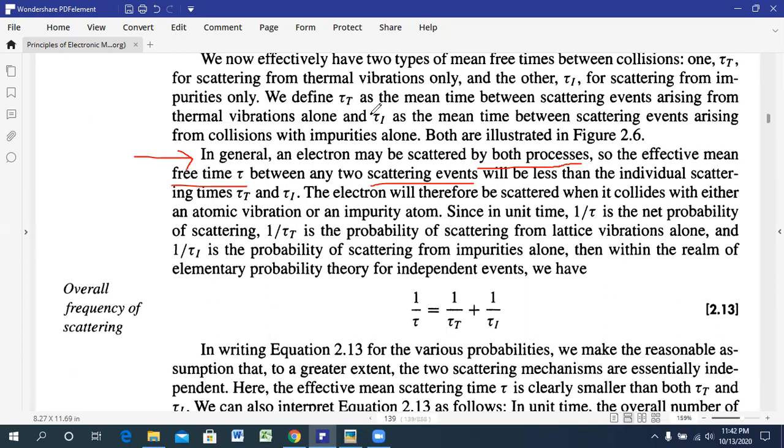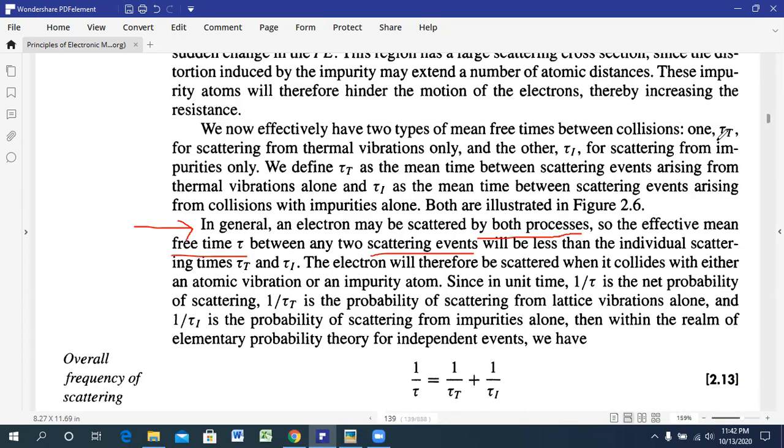The two types of mean time between collisions are: tau T, the scattering time from thermal vibration, and tau I, for impurities only. That means this mean free time for thermal vibration is defined by tau T, and for the impurity material it is denoted by tau I.